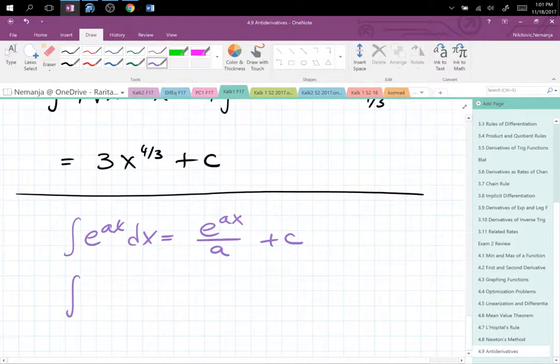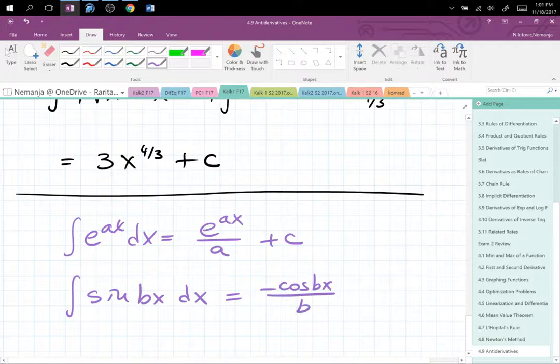And then also for trig, all of trig. If you have integral sine of bx, let's say, dx is going to be negative cosine bx over b plus c. So if you remember, you used to multiply chain rule into your derivatives. For integration, you are dividing by those numbers.